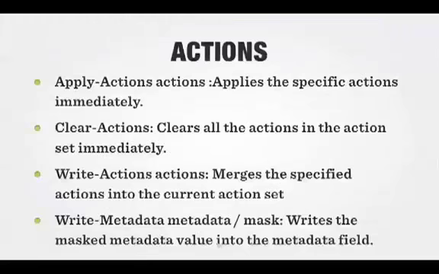Okay, so what about actions? We said before that a system can have matching, you match something, and we've looked at what you can match for an inbound frame or an inbound packet. Then we say, what do we want to do with it? We want to apply some sort of action to it. Maybe we want to clear a bit, clear the TOS field, clear the CoS field. Maybe we want to rewrite some data into the system, or write some metadata.